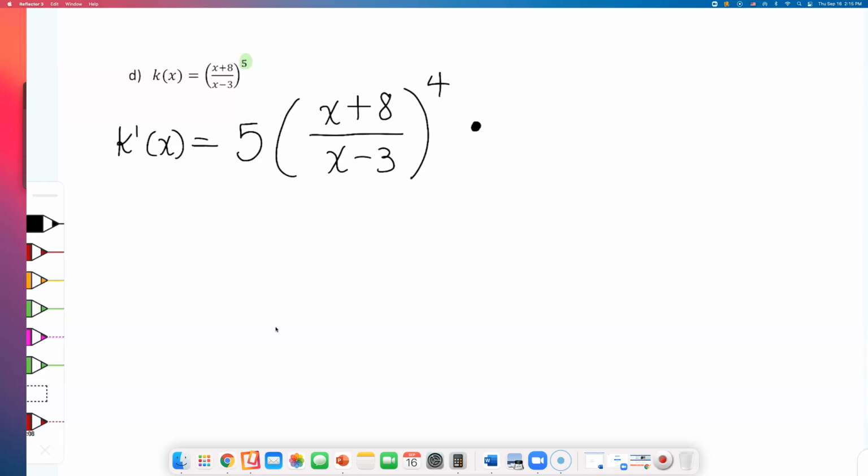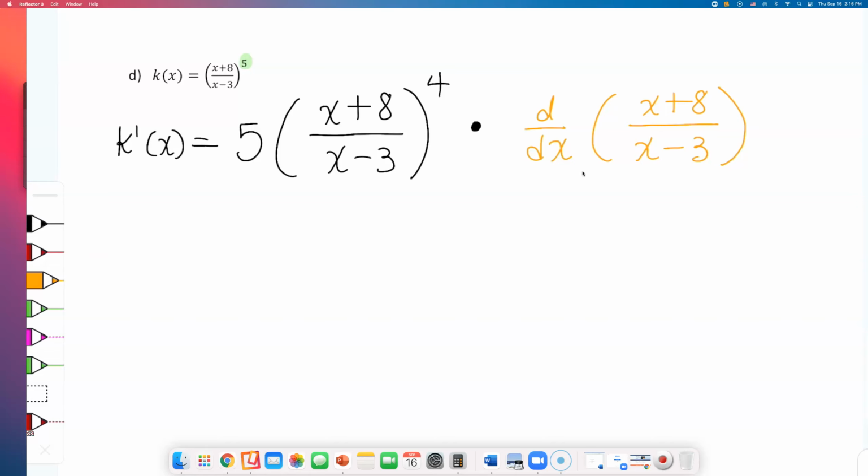We need to multiply this by the derivative of the inside function, which is that quotient x plus 8 over x minus 3. So the first part of this black piece is done, it's waiting. But now I have to do some work to do the derivative of this quotient using quotient rule.